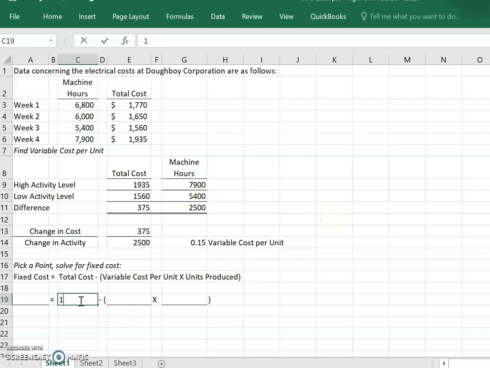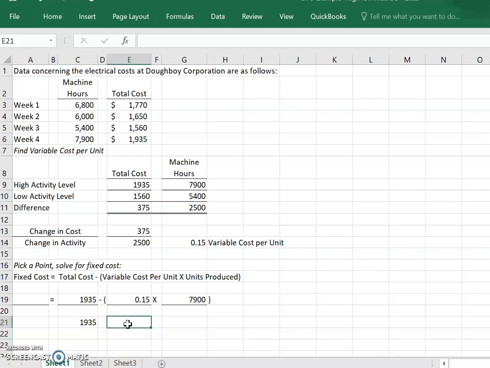I'm going to put in my total cost here. Then I'm going to put in my variable cost per unit. And I'm going to put in that level of activity. I can do a little math here. I'll bring down that total cost.